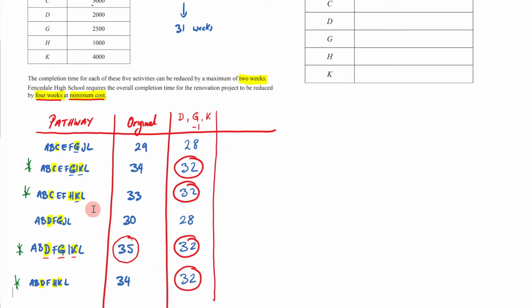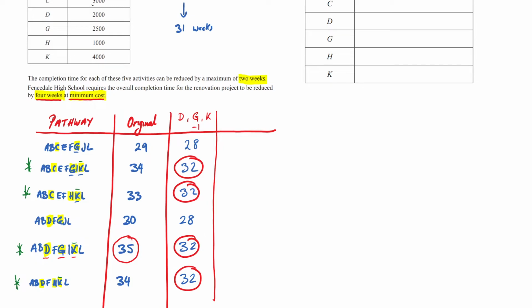Hopefully you can all see that all of them have a K in it. So I could reduce all of it by K, but that would cost me $4,000. So is there a cheaper way I could do this?